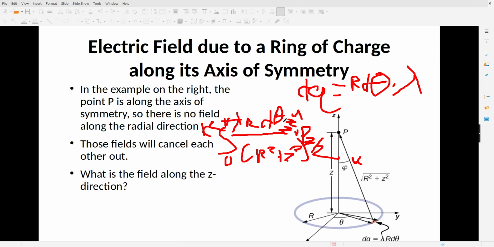But notice, this is a simple integral. We're doing the integration with respect to theta, but all that is there is d theta.